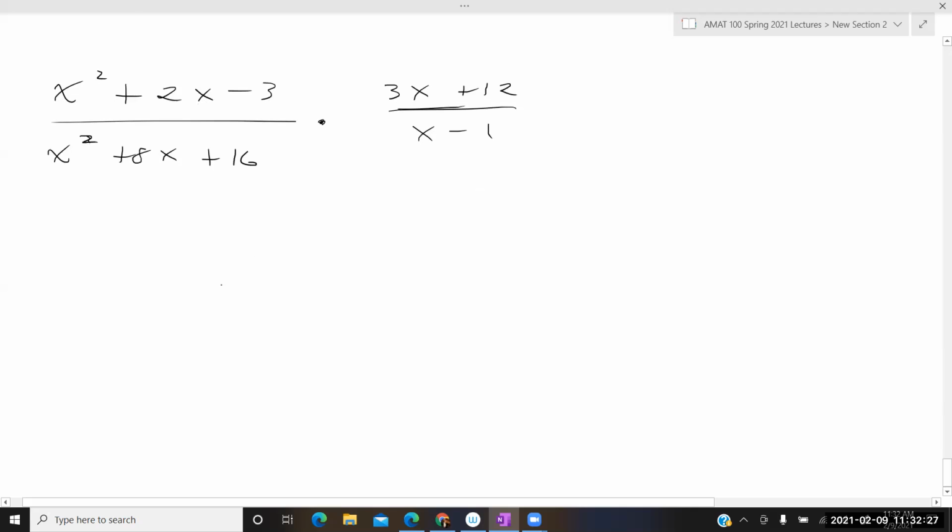The first thing we're going to do is, well, this fraction right here cannot be simplified. It can't be factored any further, but the first fraction certainly can. So we're going to factor that.